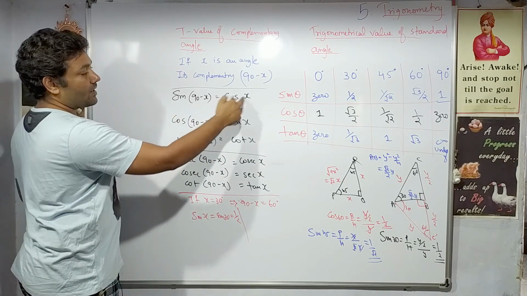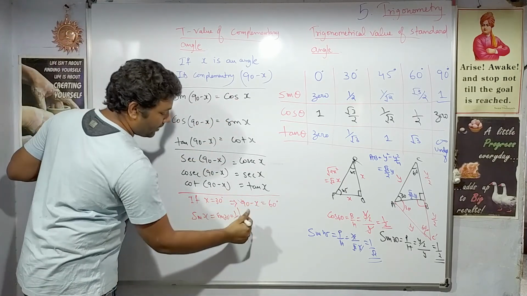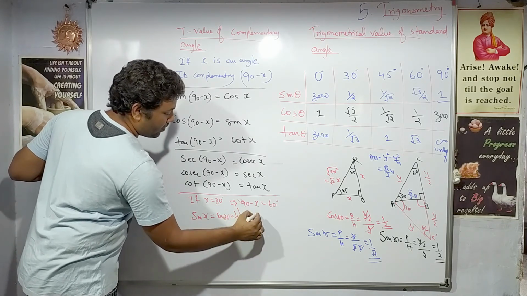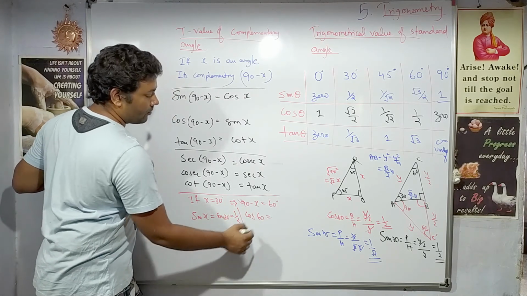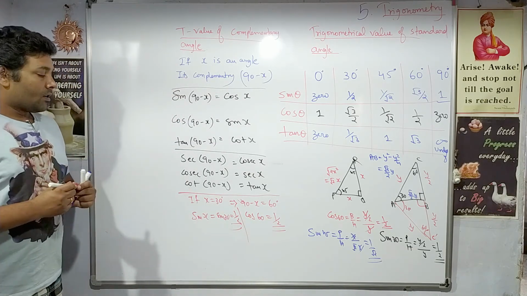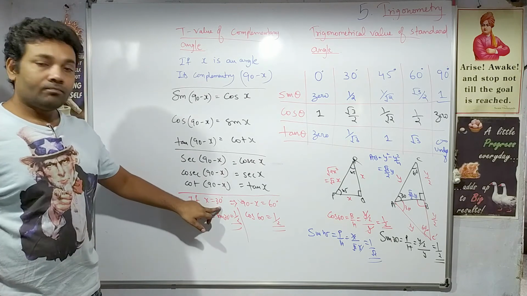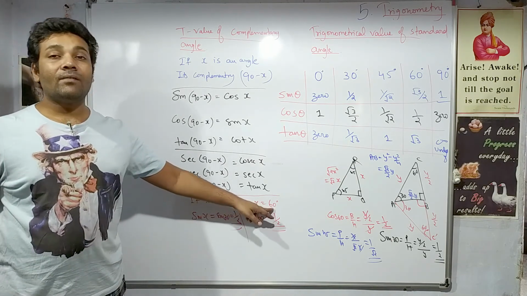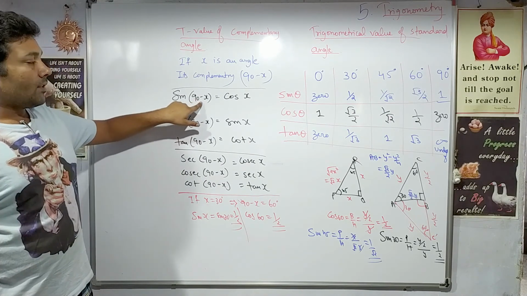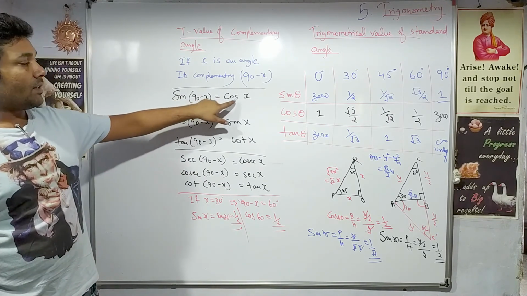Sin 90 minus x is cos x. So if I find cos 60, what will be its value? 1 by 2. So see, the angle and its complementary values are the same. The trigonometrical value of an angle and its complementary is the same.